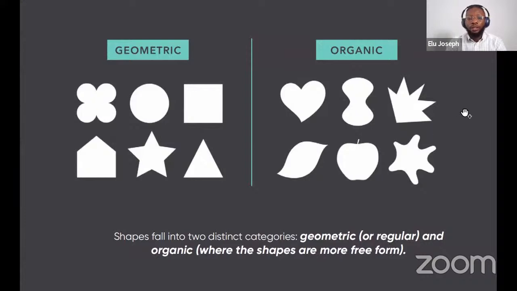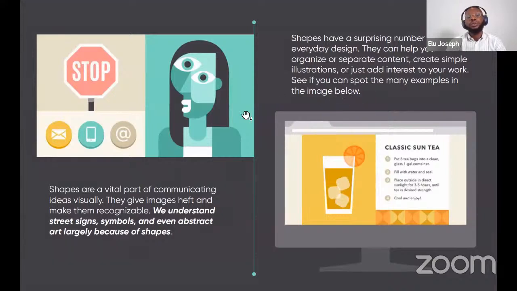Sorry about that. So geometric are just regular shapes, and organic are shapes that are free form, which means you could just take your hand and draw any kind of shape, and it's organic. Now, I told you how it is seen everywhere, from the stop sign to the icons on your phone to the arts in the galleries and the museums, right?